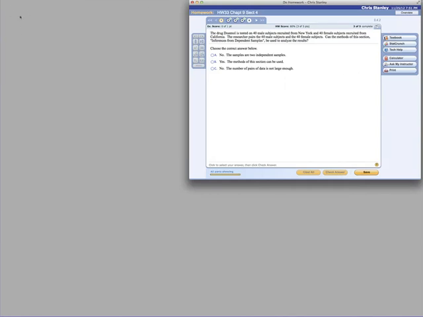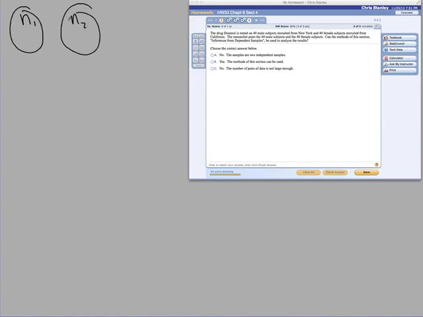Okay, so if you take these people and you take these people and they have nothing to do with each other, then this would be a two sample T. But if you take these people and they have something to do with each other, you get data from them like pre-post, it's one person giving two different data points on the same person. Pre-post, and these would be two dependent samples.